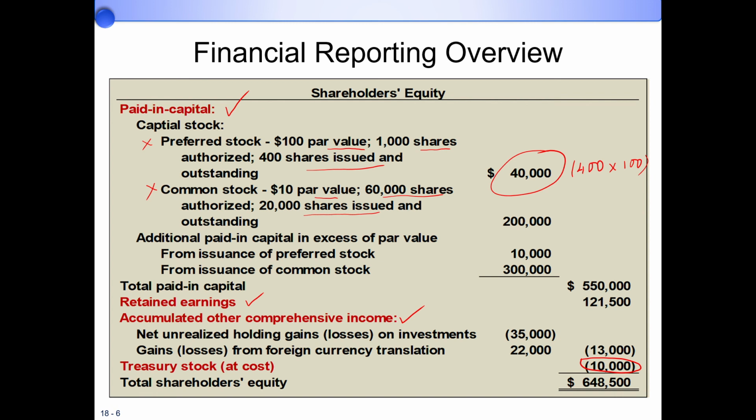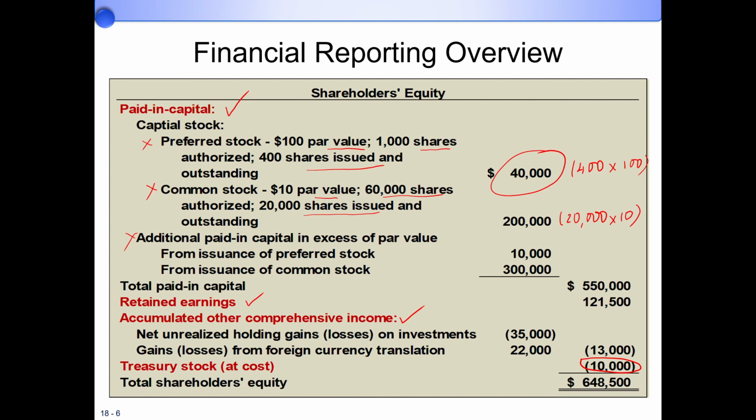How about the common stock? Similarly, we have 20,000 shares issued and outstanding. Each share is $10, so 20,000 times $10 is $200,000. That is the total par value of common stock. And how about the additional paid-in capital? Those are called in excess of par value. When you issue shares, you issue them for more than their par value.